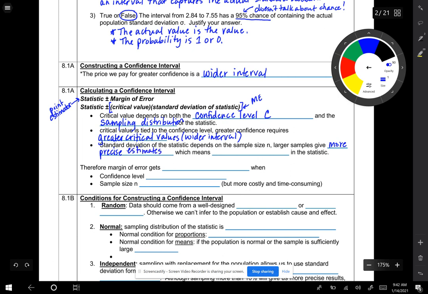We learned that larger samples means less variability, and less variability means a smaller interval in the statistic. Therefore, the margin of error gets smaller when the confidence level decreases or the sample size n increases. But this could also be more costly and time consuming.